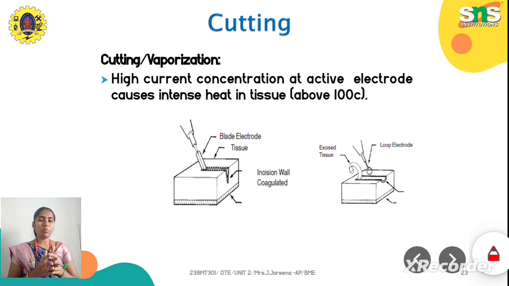It's like water boiling. For the cutting process to happen, the point of contact, I mean the target tissue, will have a temperature above 100 degrees Celsius. That is the reason we are fixing 400 watts.